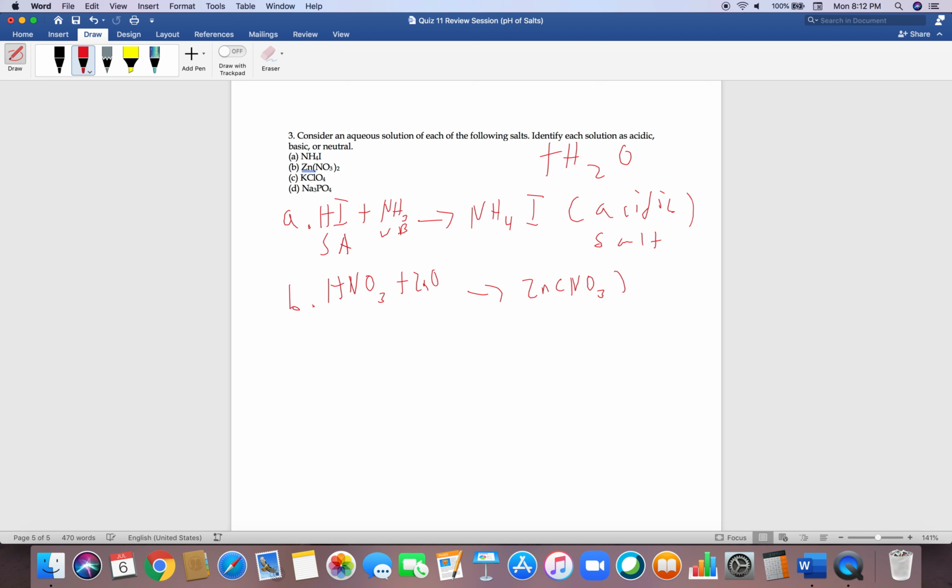Now, zinc hydroxide is an interesting exception to the strong base rule. It is one of the only hydroxides that's a weak base, and nitric acid is a strong acid. I forgot to put this on our last list, so just remember zinc hydroxide is a weak base. So once again here we're going to get an acidic salt.